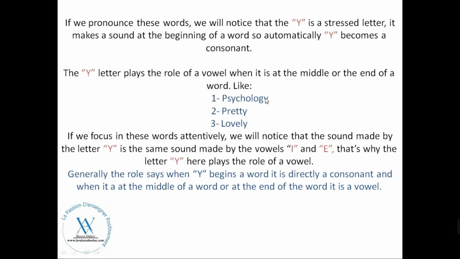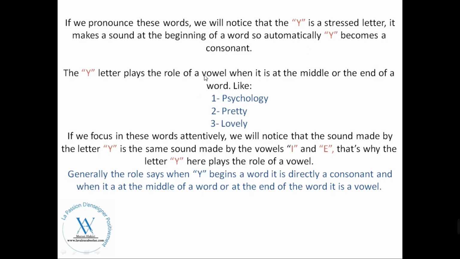Let's go now to the second letter, which is Y, that makes a sound of an E. We say psychology, so it is an E. And remember that E is a vowel among the other vowels that we have already seen at the first lesson. Okay?